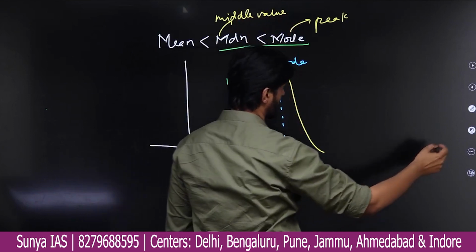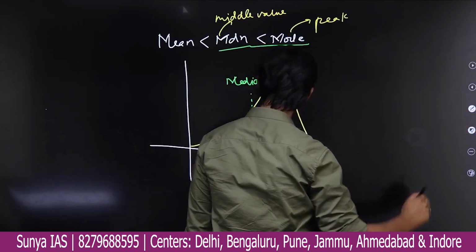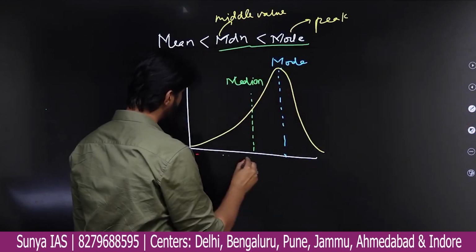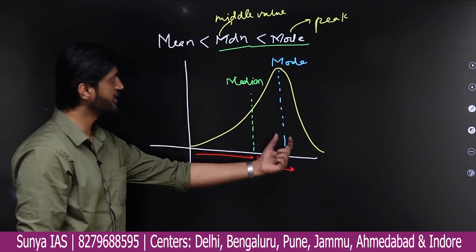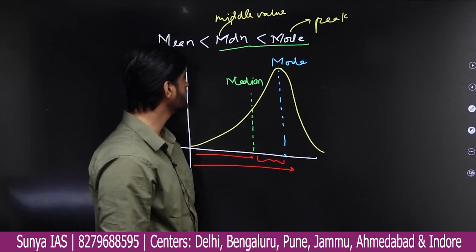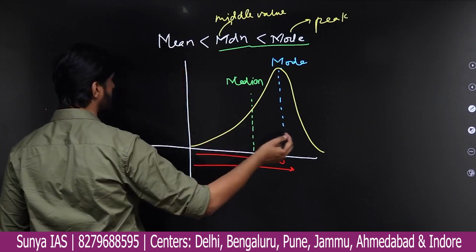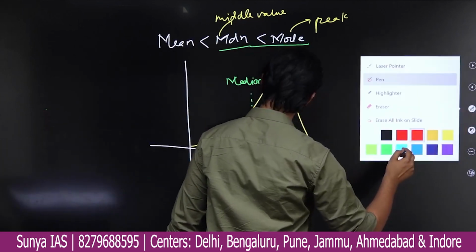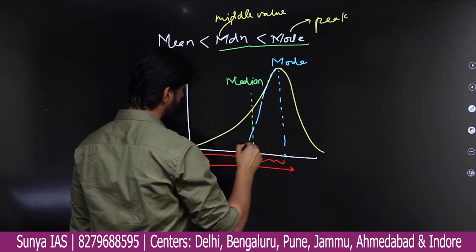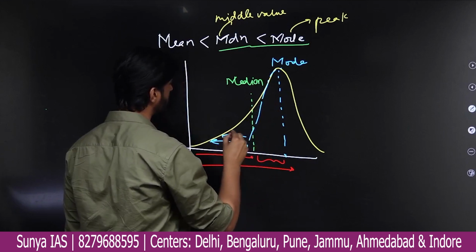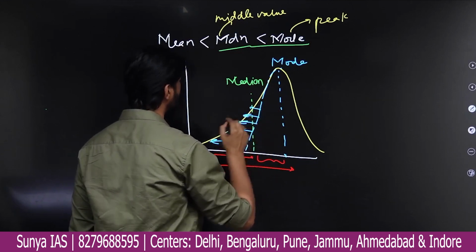Overall, as you can see here, the median is less than the mode, which has a value greater than the median. Now if this distribution would have been a normal distribution, you would have got a curve like this, but now it is skewing to the left side.